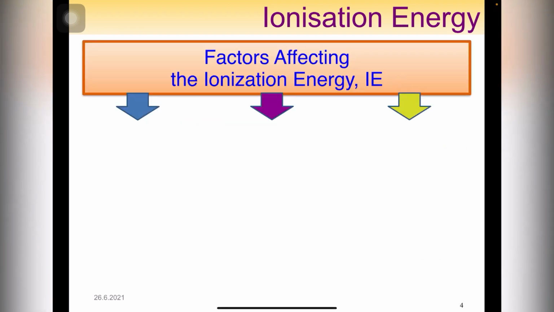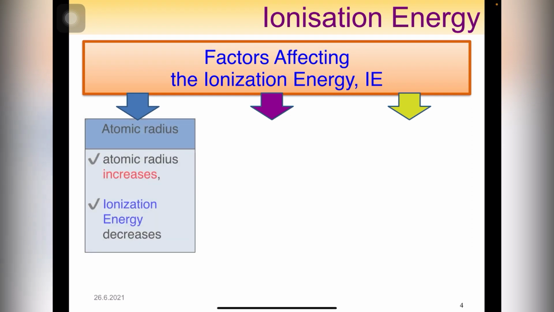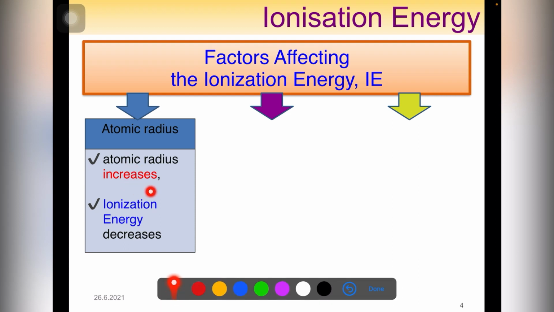Next, what are the factors affecting the ionization energy, or IE for short? The first one is the atomic radius. If the atomic radius increases, becoming larger or bigger, the ionization energy decreases.